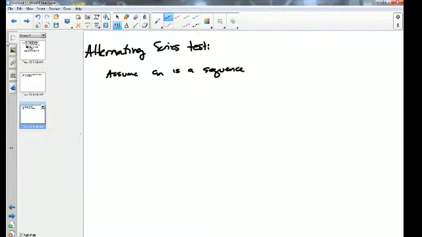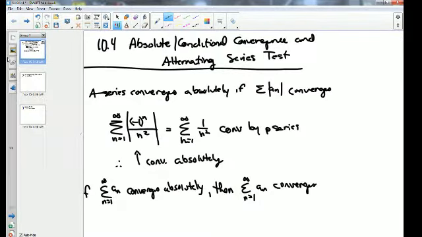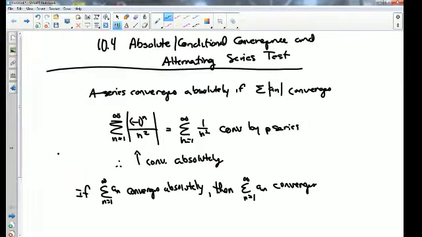Here's what I can say. Okay, if this converges absolutely, then the series converges. If this does not converge, this is a contrapositive. If this does not converge absolutely, that does not converge. Okay, those are the two things that I can say.